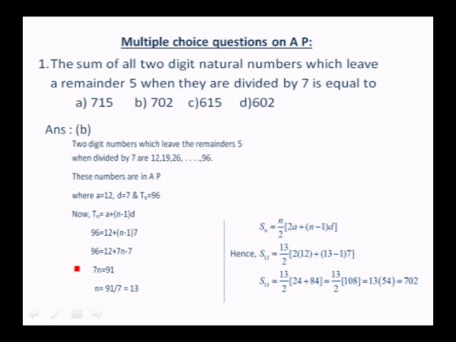Now use the Sn formula. Sn is n by 2 into 2a plus n minus 1 into D. You know already the values of n, a and D. Substitute those values. Sn is 13 by 2, 2 into 12 plus 13 minus 1 into 7. So Sn is, on simplification, you get it to be 702. So the option is B.